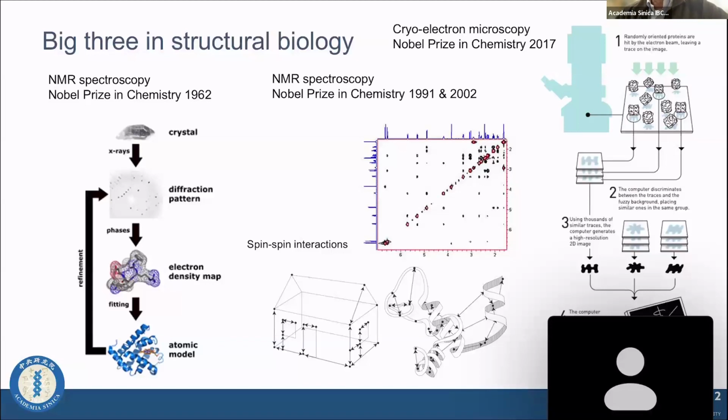And because of the importance, the three scientists were awarded the Nobel Prize in Chemistry in 2017. I will not go into the details of these technologies, and if you're interested, please go to the Nobel Prize websites for some sort of introductory material for reading.